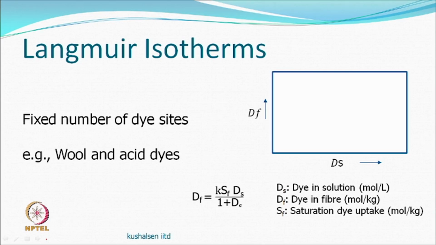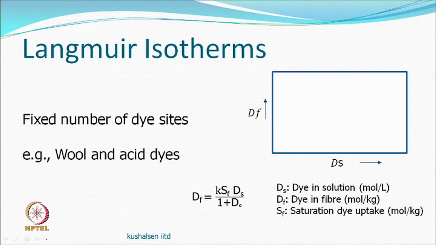So, there are some ways in which these interactions have been defined. You can do quantitative analysis also, that is, how much dye will go. An isotherm means that at the same temperature you are looking at how the dye moves from solution to the fiber.